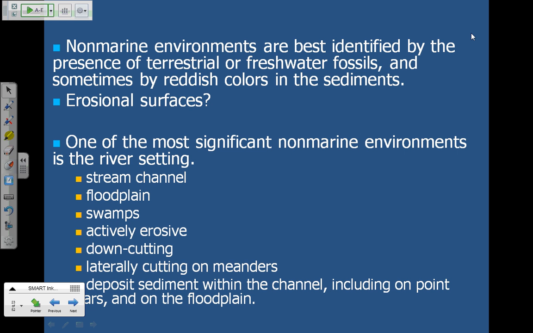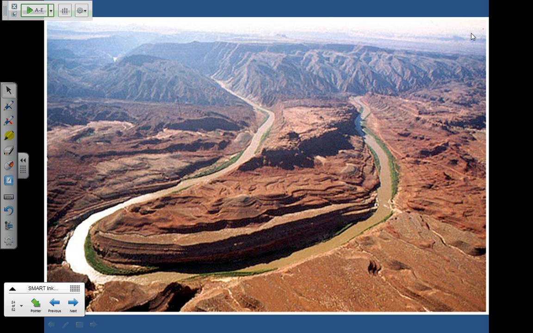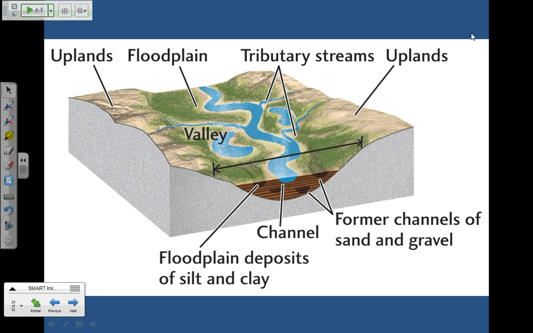All right. Here's an example of a river setting. This is what we call an incised meander. But notice you've got this green, you've got vegetation there, which means that there is some deposition going on in these rivers. Okay. Here's just a general outline of a river.